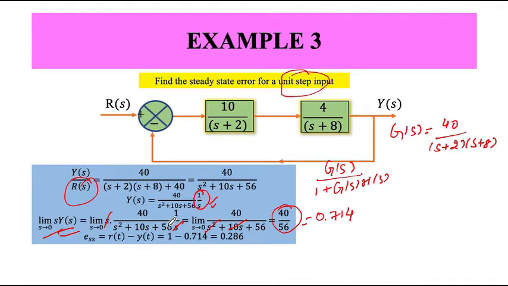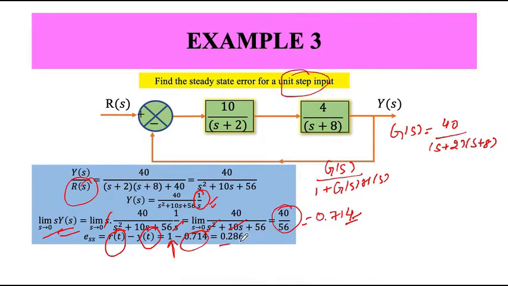And steady state error is reference signal minus actual signal. So 1 is my reference value which I want, and this is my actual output which I calculated over here.